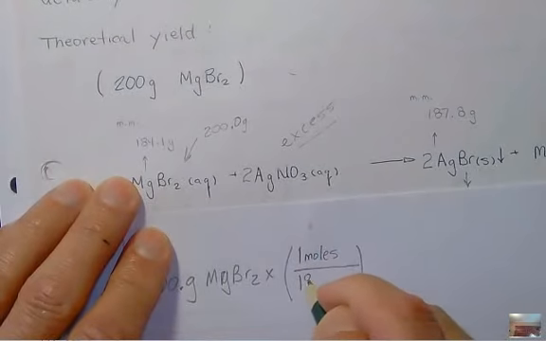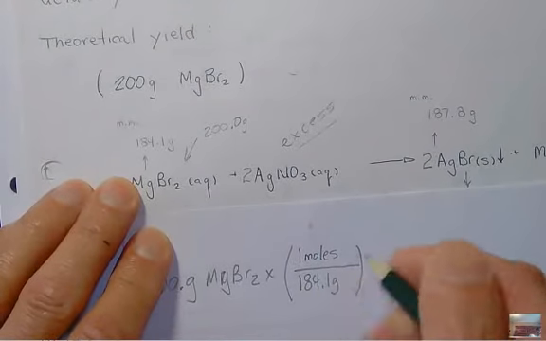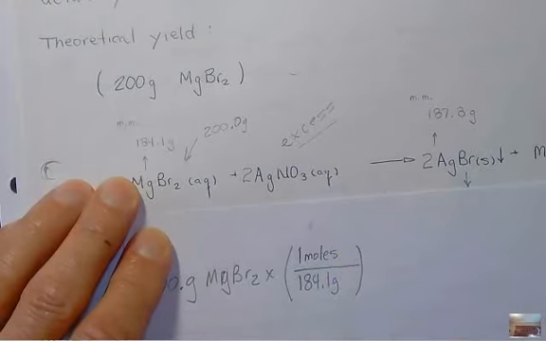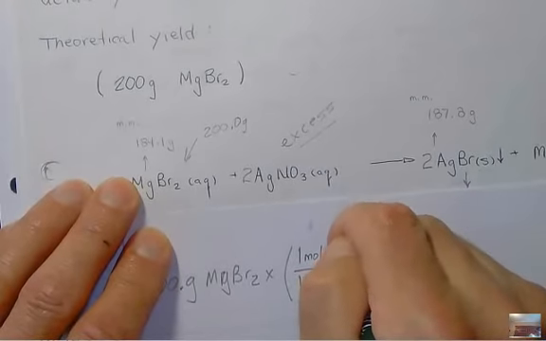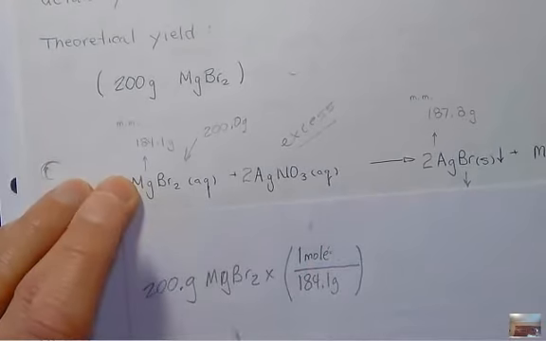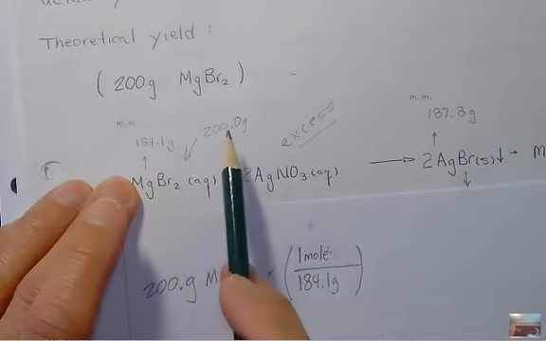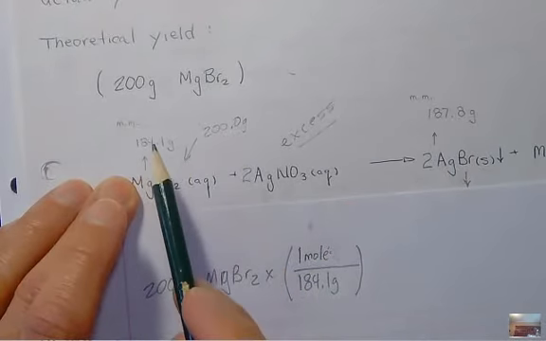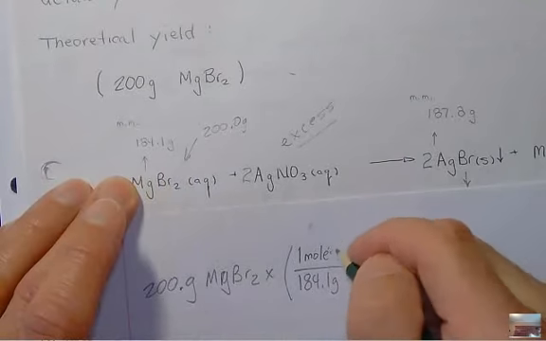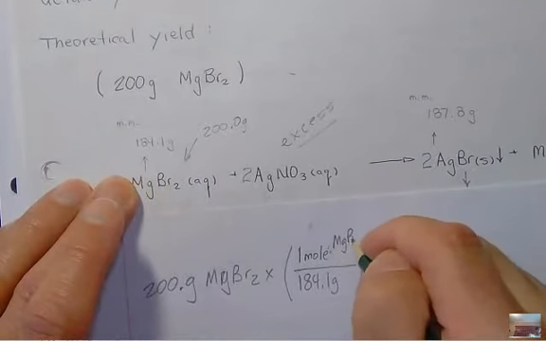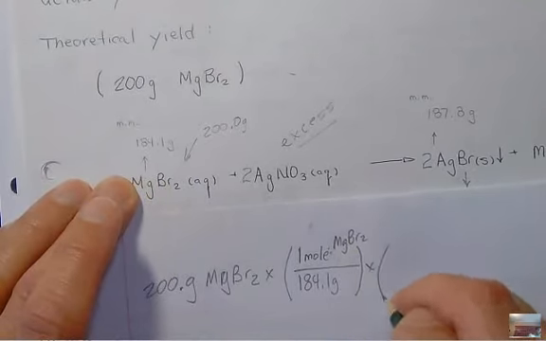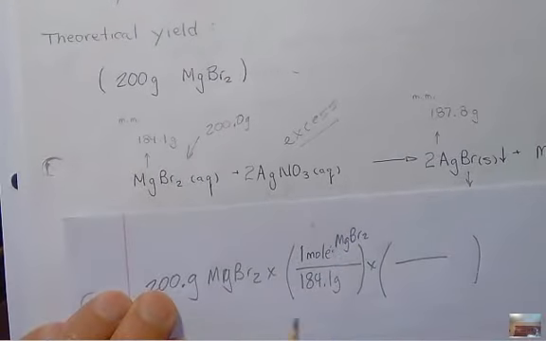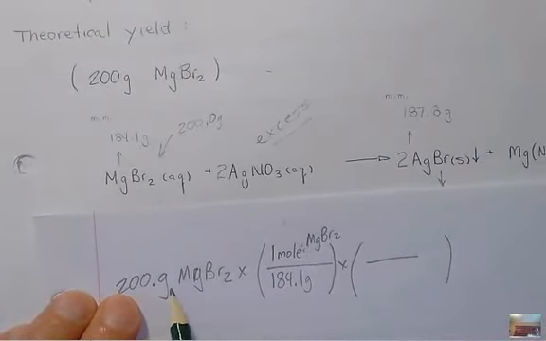And what goes down here? 184.1 grams are equal to 1 mole. Okay. First step in all stoichiometry, take the mass of the stuff that you know about, divided by its molar mass right from the periodic table. This is 1 mole of MgBr2.